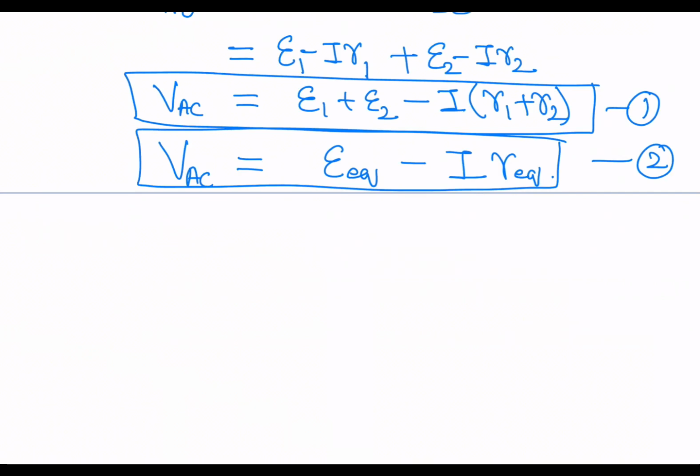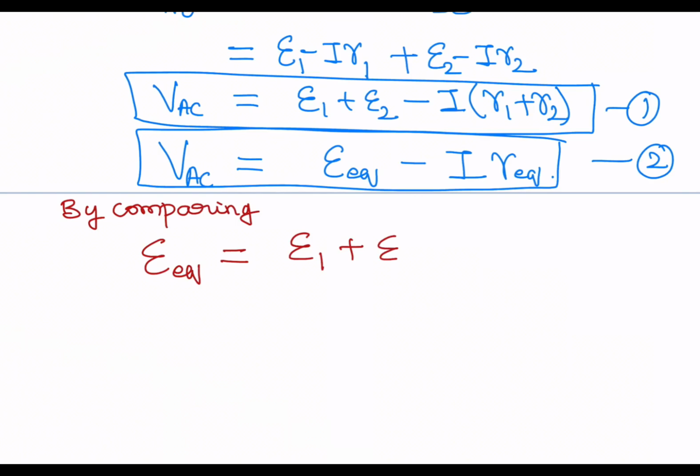By comparing the two equations, because the left hand side is the same, we can write that E equivalent of the combination can be written as the sum of their EMFs.